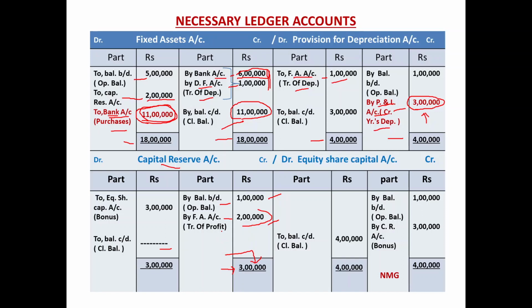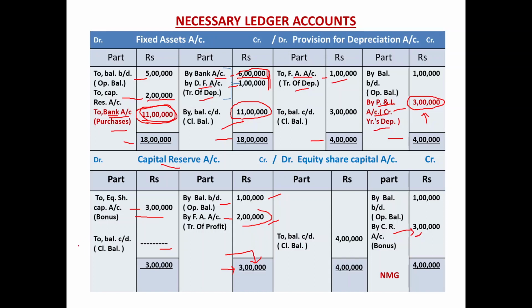Nothing is new. So journal entries: capital reserve account debited 3 lakhs to bonus to equity shareholders account credited 3 lakhs. Then bonus to equity shareholders account debited to equity share capital account credited 3 lakh. So ultimately it looks like capital reserve account debited 3 lakhs to equity share capital account credited 3 lakhs.